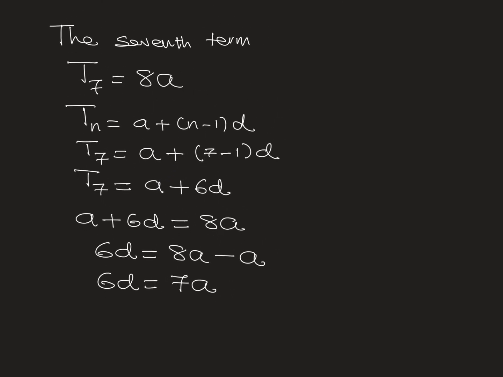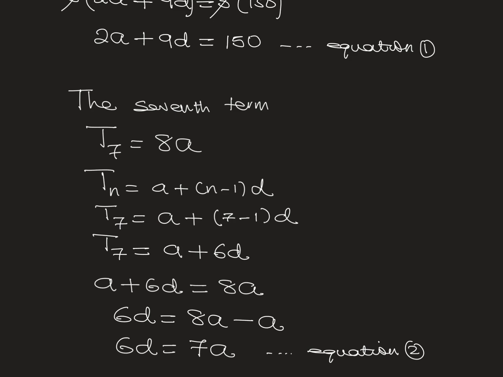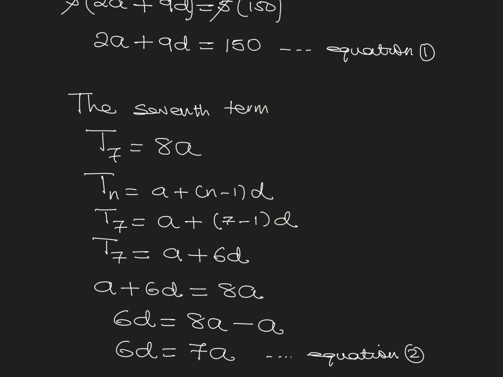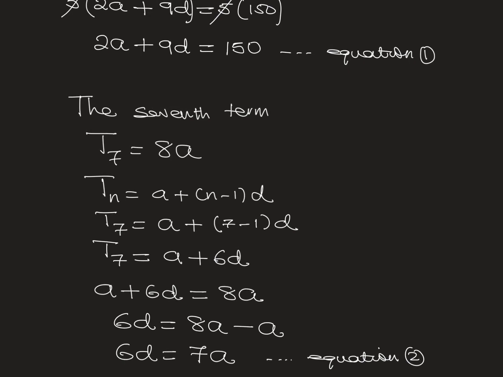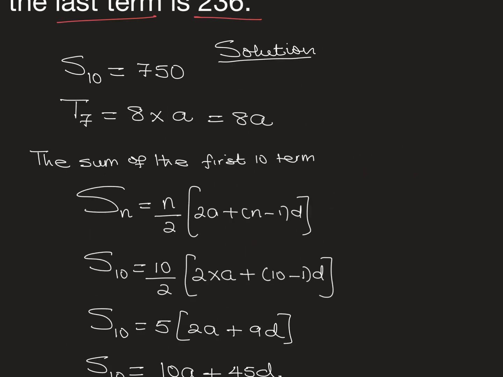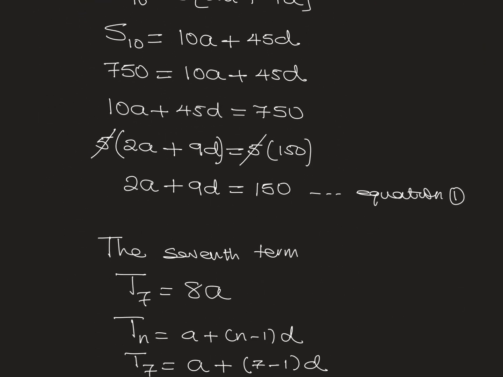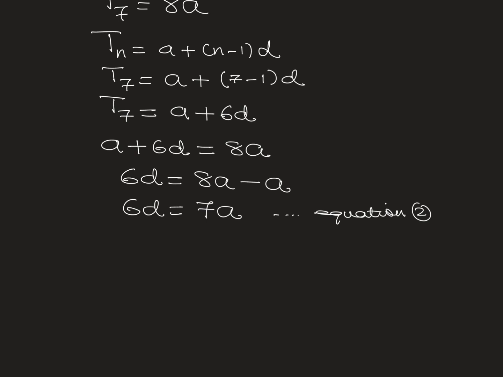Let's call this equation 2. Now let's analyze equation 1 and equation 2 and see what we can do with these two equations to get a and d. Going by the question, if I want to find the common difference, let me first make a the subject of the formula.